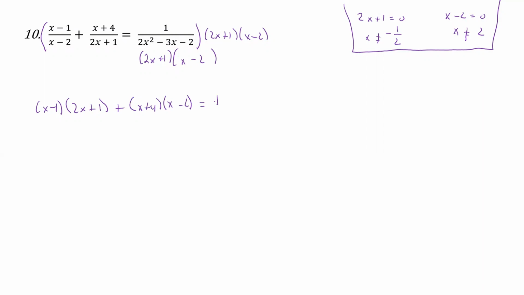Okay. Now we distribute and use FOIL, so we'll get 2x squared, then we'll have plus x minus 2x minus 1, and then we'll have plus x squared minus 2x plus 4x minus 8 equals 1. Well, let's subtract 1.